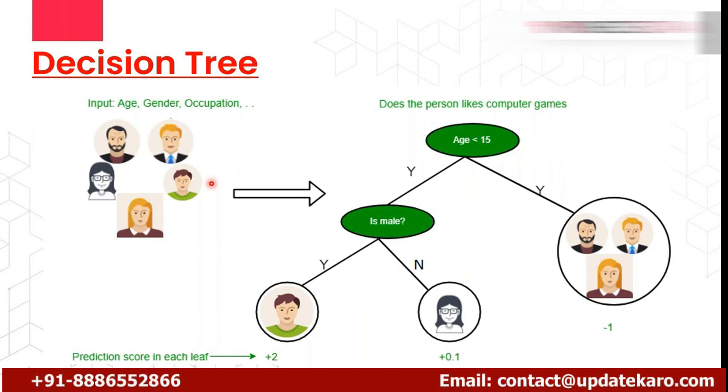In logistic regression we use the logit function, but here we are going to use entropy, then information gain, then the Gini index. These are a few terms with the help of which we will be building the decision tree.